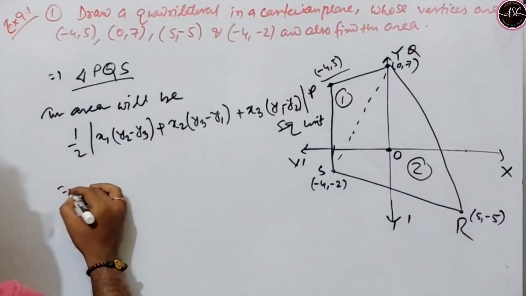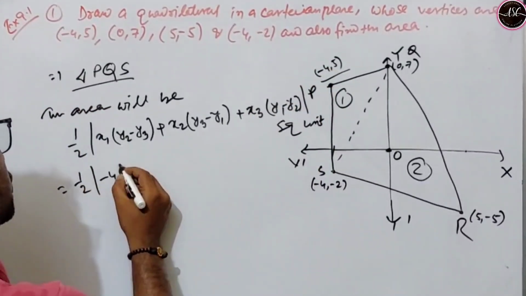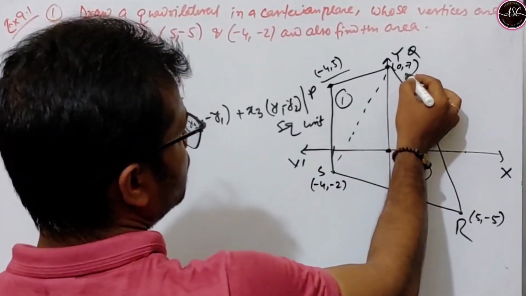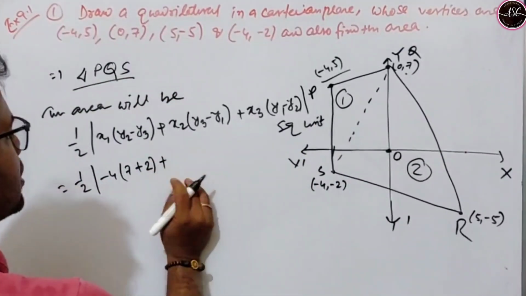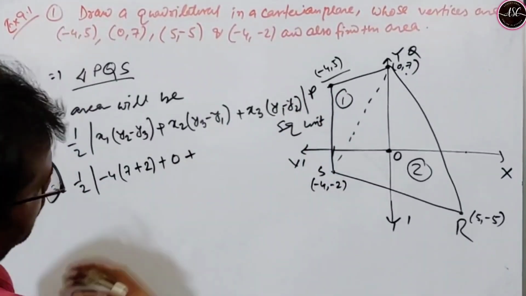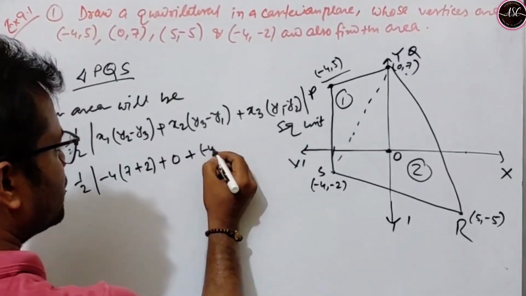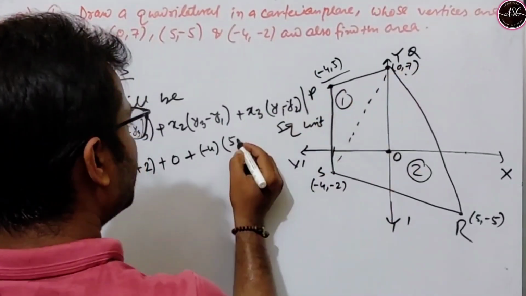So this will be half of mod of x1 equal to minus 4 into (y2 minus y3), that means y2 is 7, y3 is minus 2, that means 7 plus 2, plus x2 equal to 0, so the total term is 0. Then x3 equal to minus 4 into (y1 minus y2), y1 equal to 5 and y2 equal to 7, that is 5 minus 7.